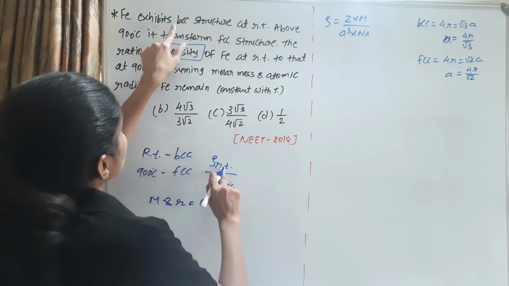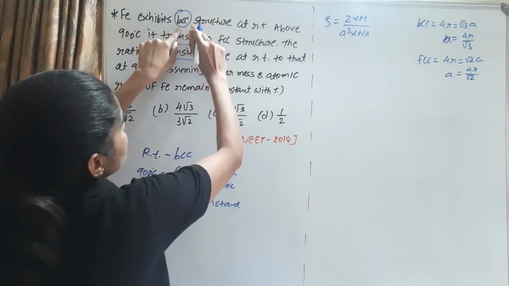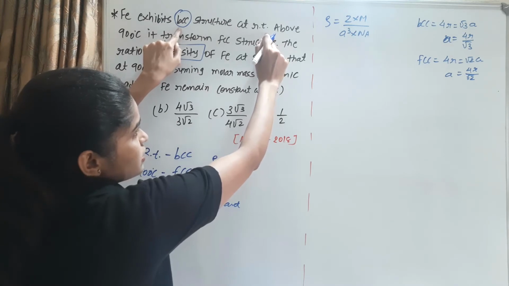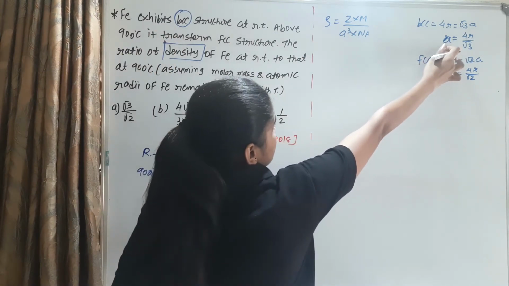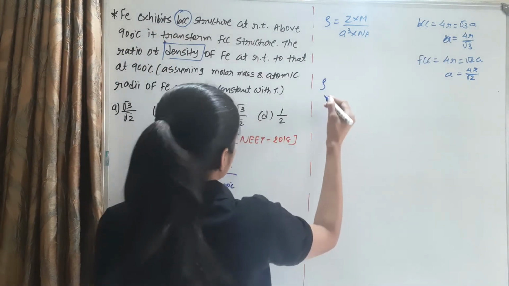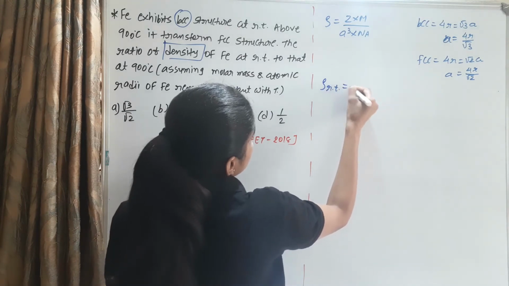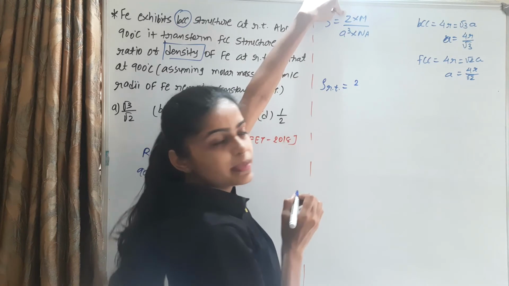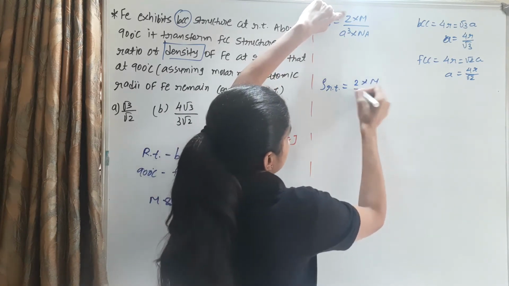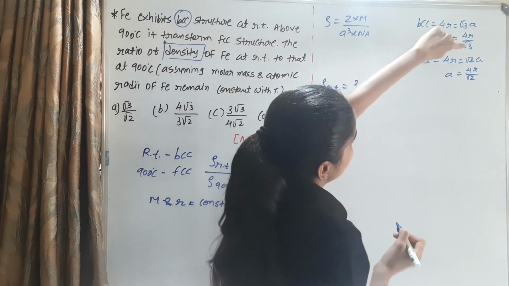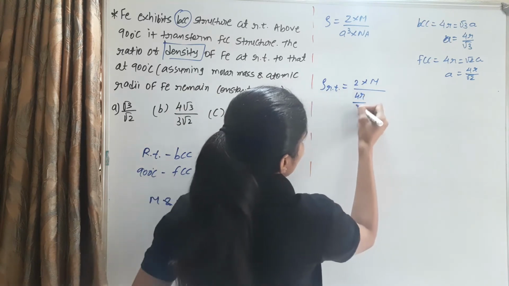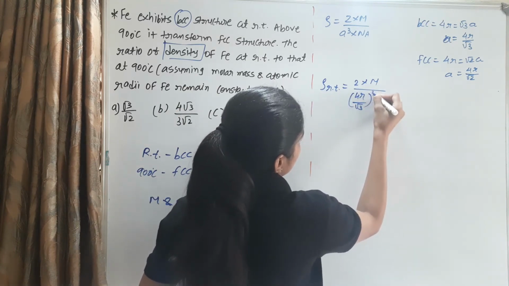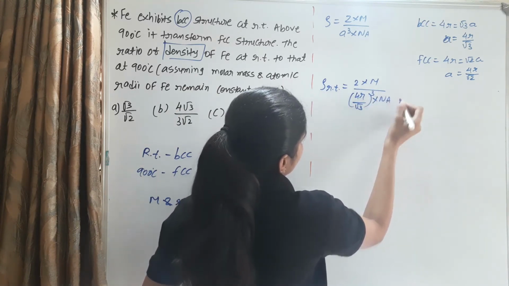Room temperature means the BCC structure, so rho at room temperature is equal to Z value 2 because of the BCC, mass is constant, upon 4r divided by root 3 whole cube and Na.